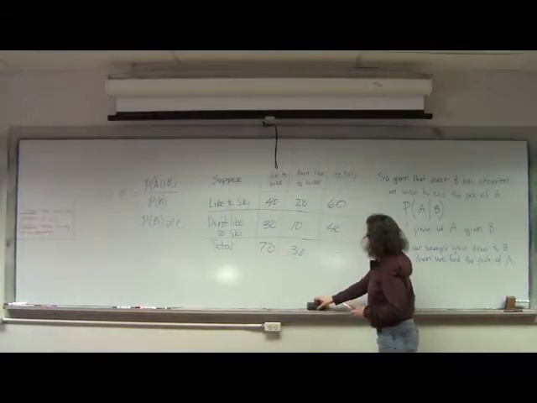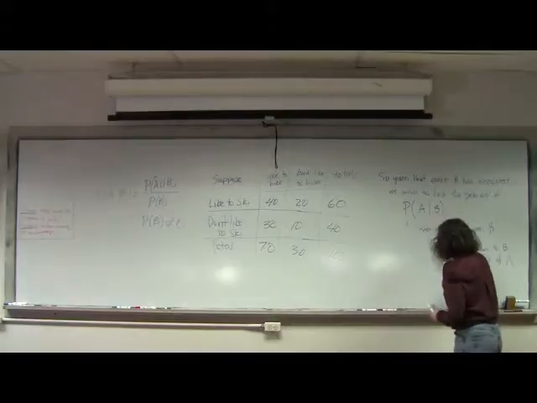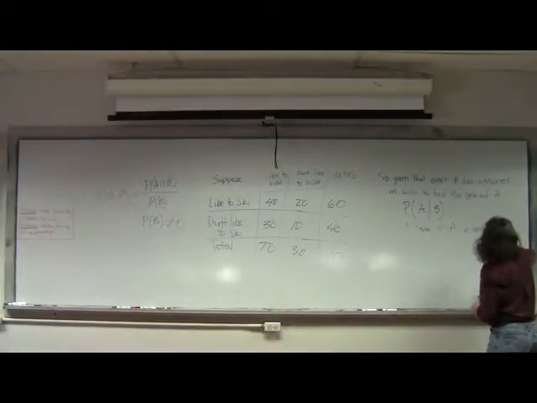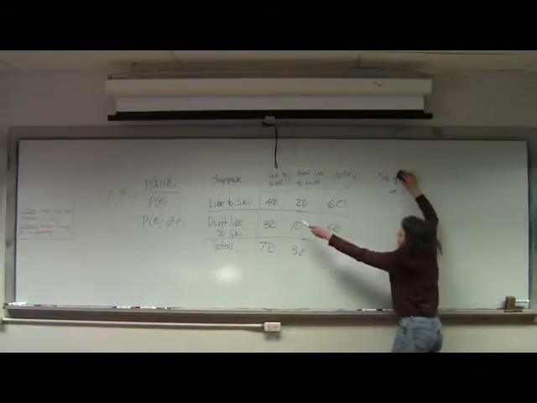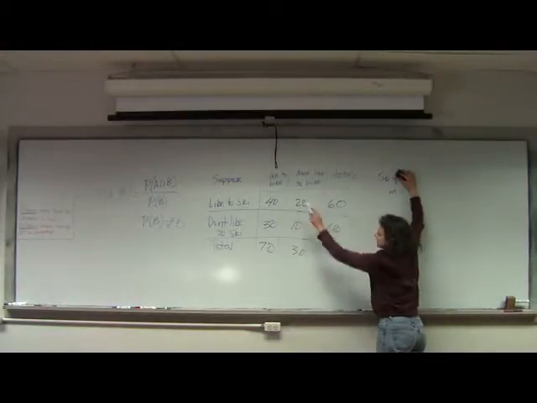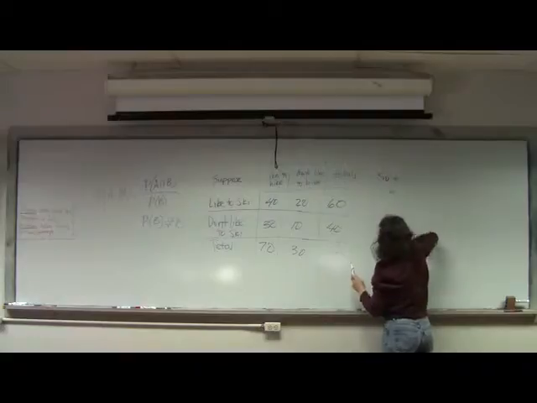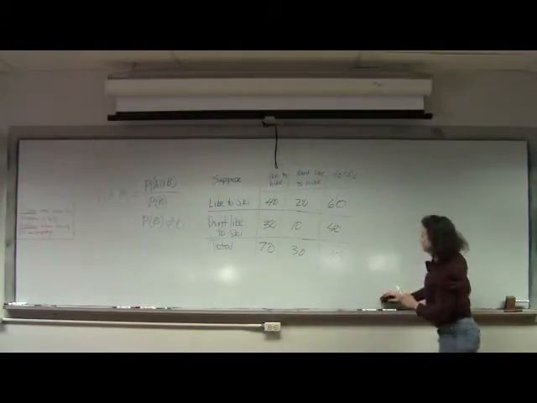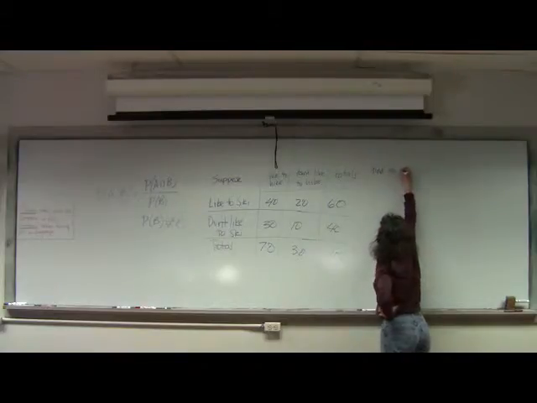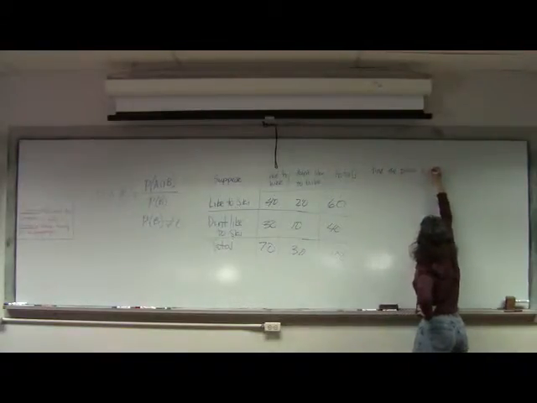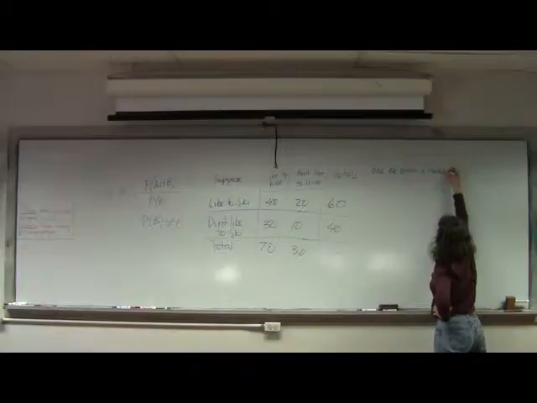Okay? So what we're going to do right now is just find the probability. Also notice that if you add across, that works, add down, that works, etc. What we're going to do now for all of these is find the probability a randomly selected person.